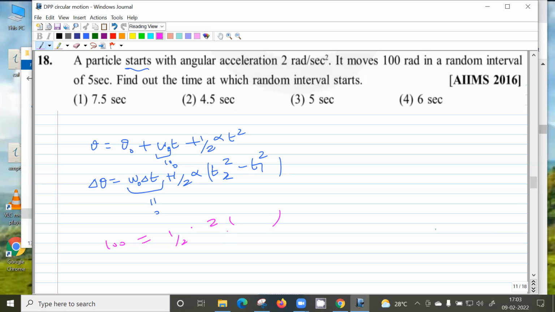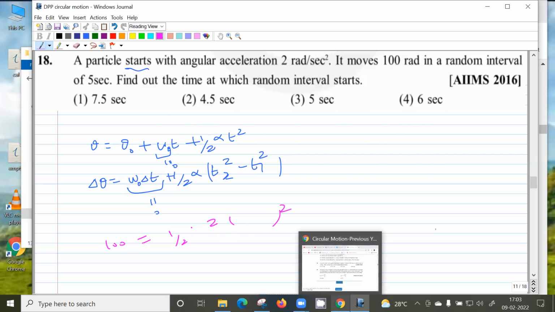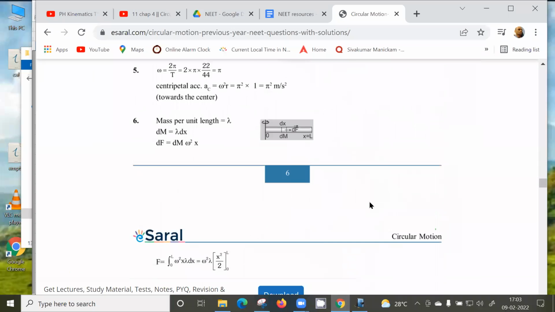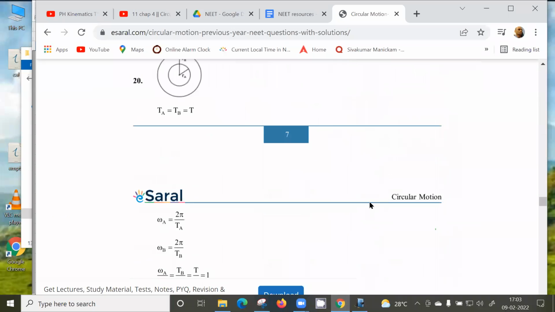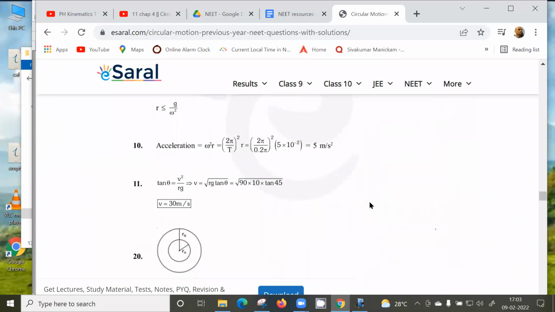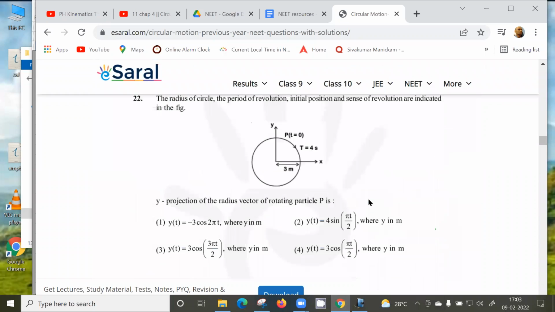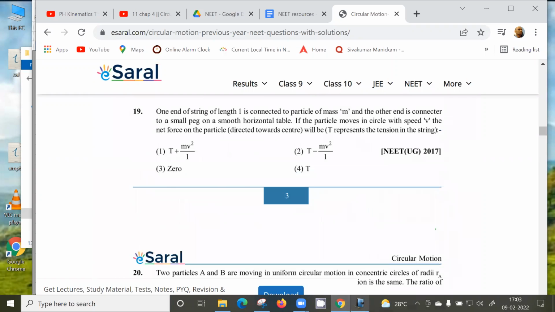Is it 100? No, where is the answer? Whole square, so it is 10 then. 10 is also not there. We could use T2 minus T1 equal to 5, T2 equal to 5 plus T1, and then you could derive a quadratic equation, and that is not in the answer.